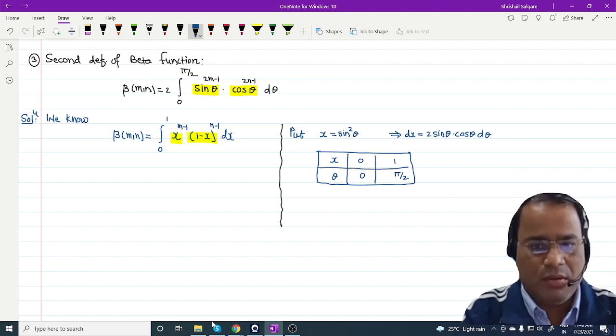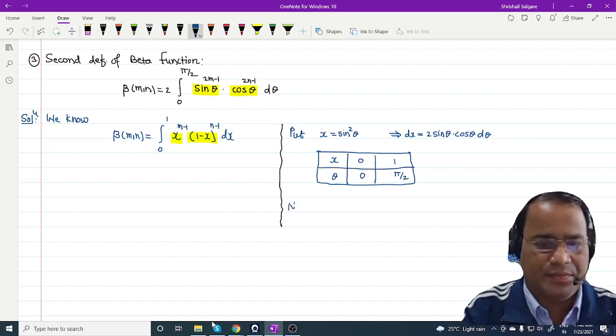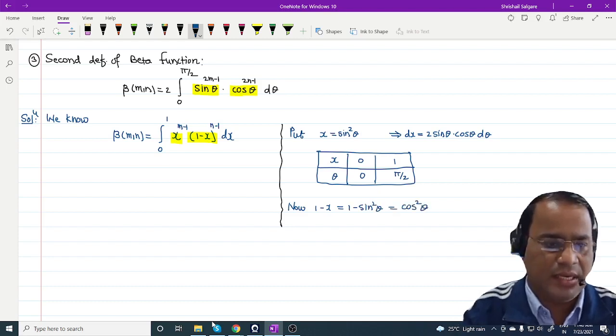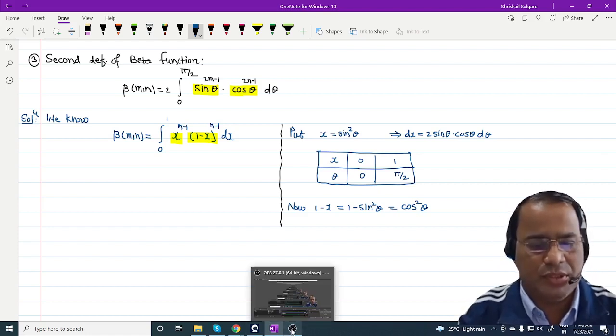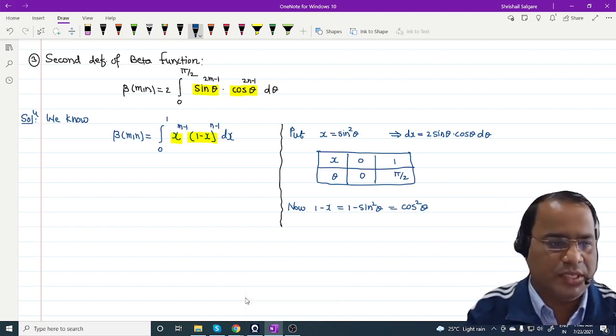Now 1 minus x can be written as 1 minus sine square theta, and 1 minus sine square is cos square theta. Now all these values I will substitute in the given integral.